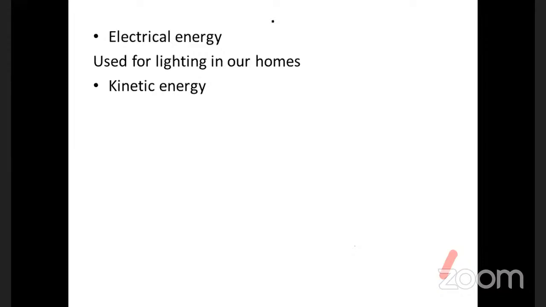Mechanical energy is broadly classified into two forms. The first one is what we have right there, which is kinetic energy. What is kinetic energy?